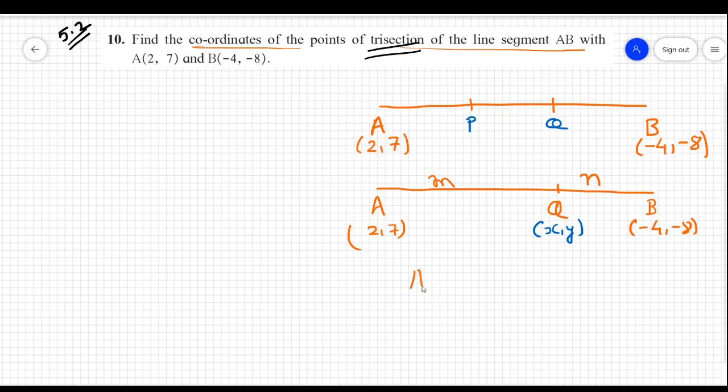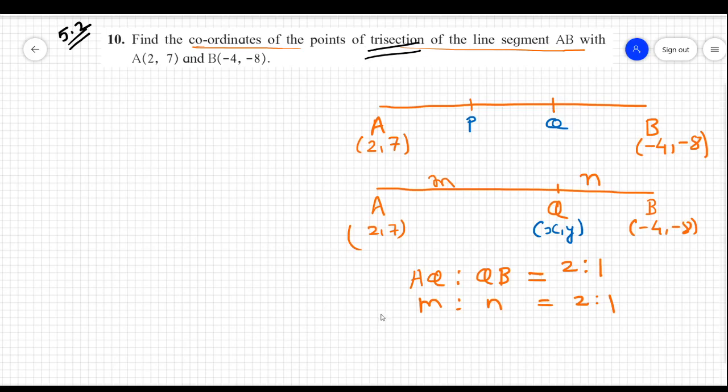Then if I ask you the ratio AQ is to QB for the trisection case, it should be 2 is to 1, because it is a trisection. So AQ is to QB is nothing but m is to n, which is also 2 is to 1. That solves our first part.